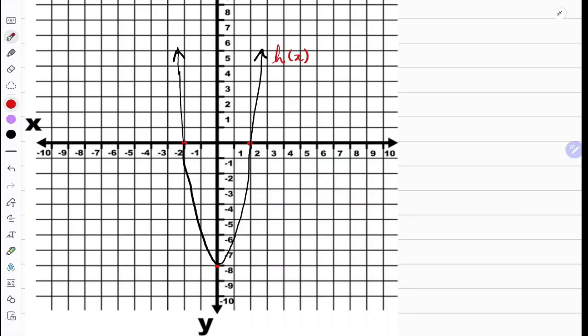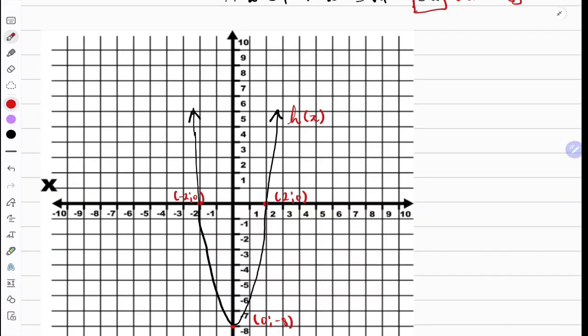So let's just label our intercepts. This is 2 and 0. This is negative 2 and 0. And this is 0 and negative 8. And these are called the roots or zeros of the function.